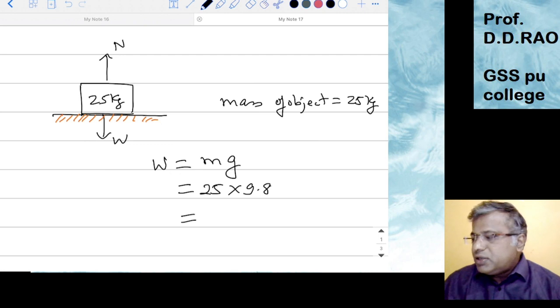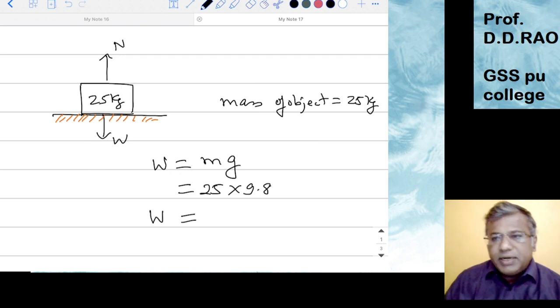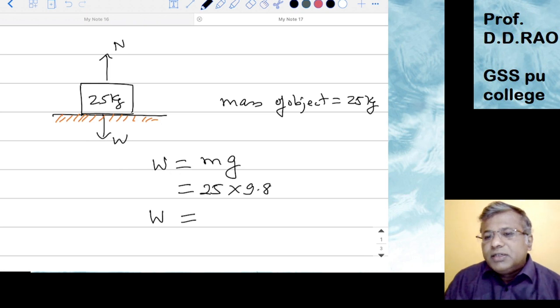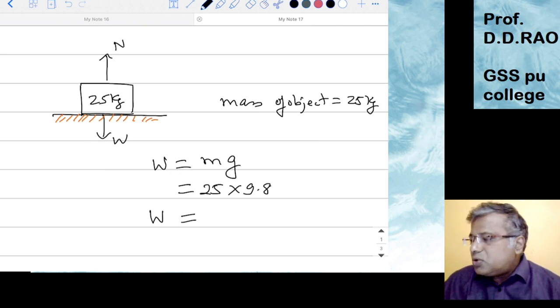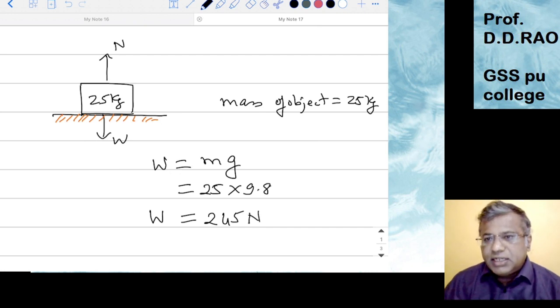So the weight W in our example, if I take a simple calculation, 9.8 into 25 gives 245 Newton. That is the weight which I'll get.